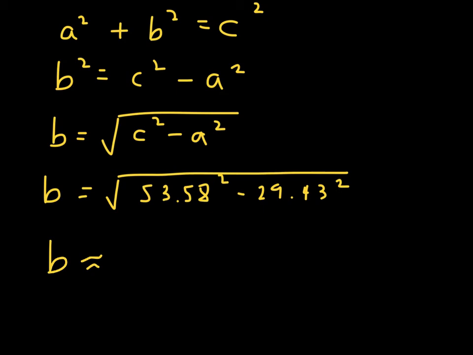So we're going to see that b is approximately equal to 44.77 centimeters. You remember from your algebra studies that whenever we take the square root of both sides like we did, we need the plus or minus symbol. But because we're talking about distance here, the length of a leg of a right triangle, we choose the positive square root and dismiss the negative square root. All right, this triangle is completely solved for. We know every angle measure and every side length.